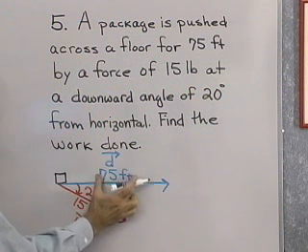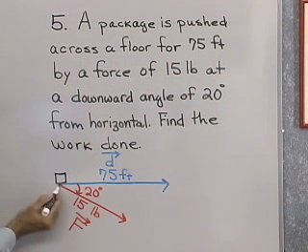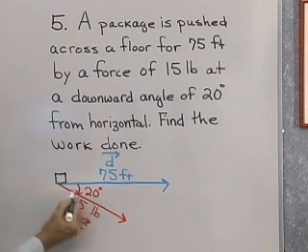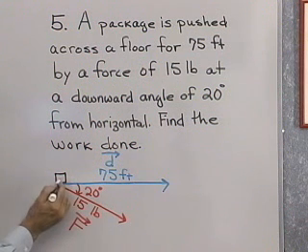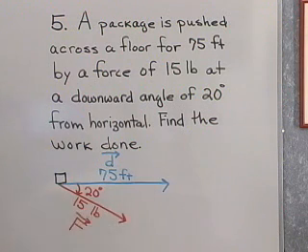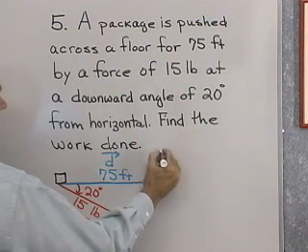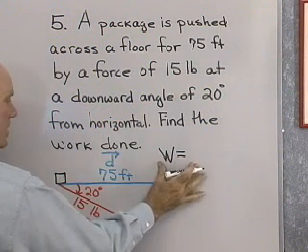So the magnitude of this vector is 75, and its direction is exactly along the horizontal, by a force that's applied to it in a downward direction 20 degrees from the horizontal of 15 pounds. So what's the work done in moving this object from here to here with this force? Well, if you read the book, you'll see that the amount of work done is going to be equal to, there's a couple ways to write this formula.